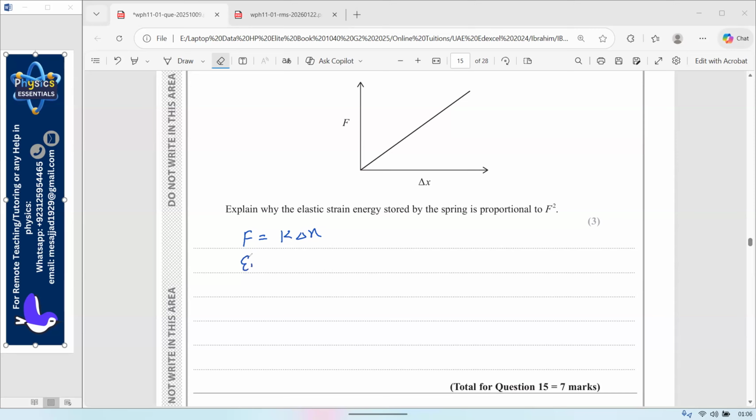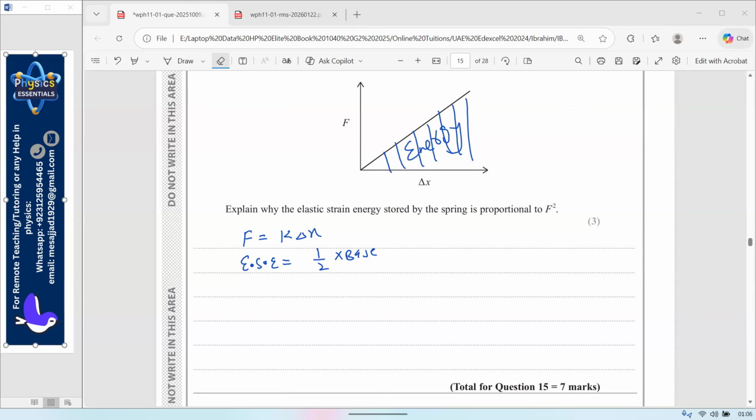You also know that the elastic strain energy is equal to half base times height, because the area under the force-extension graph gives energy.